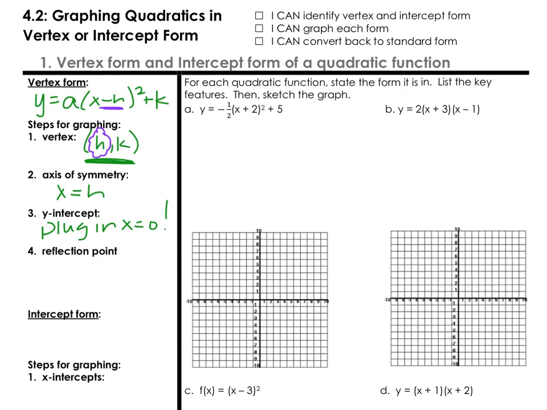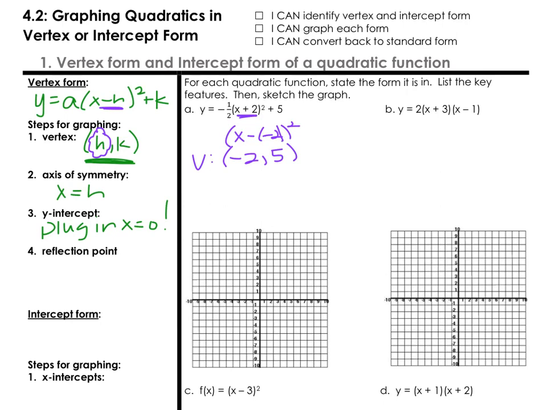But if it's x plus something in the parenthesis, then h would be negative. Take a look at that example on the right. It's x plus 2, so technically that means it was x minus negative 2. So h is that negative 2. That's why our vertex was negative 2, comma 5. So just be careful with that.